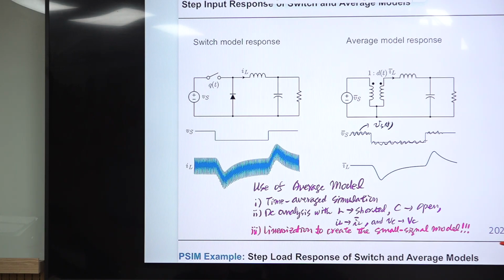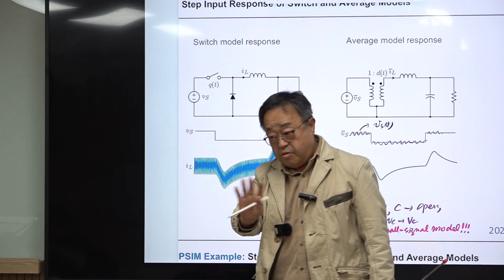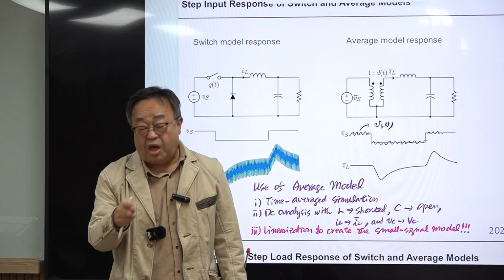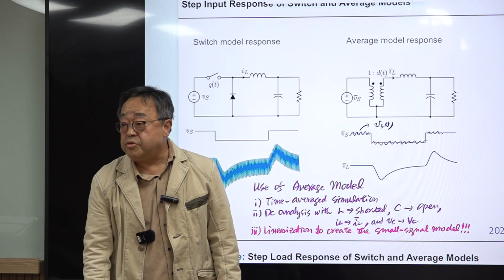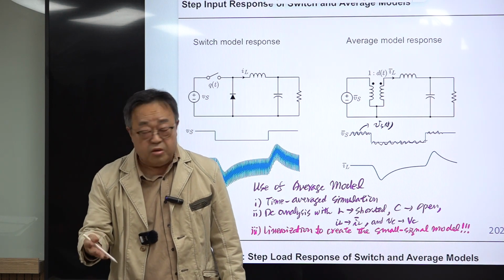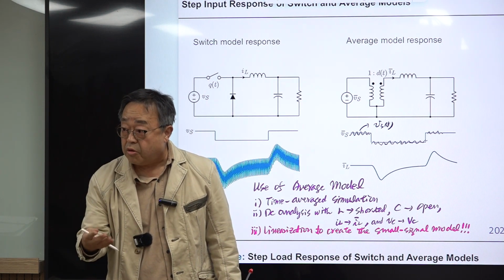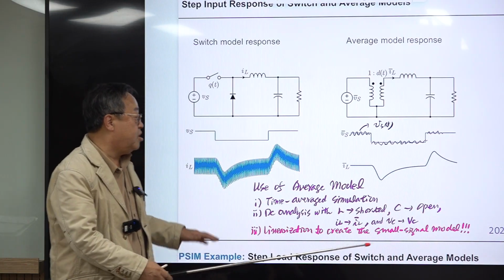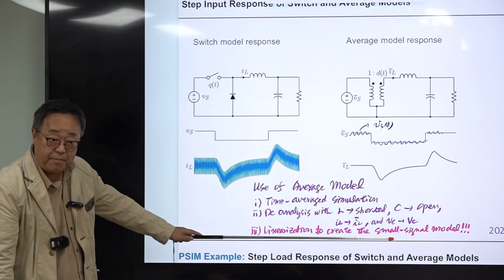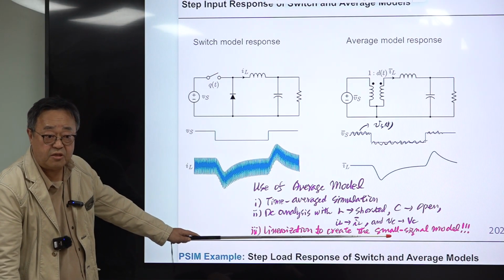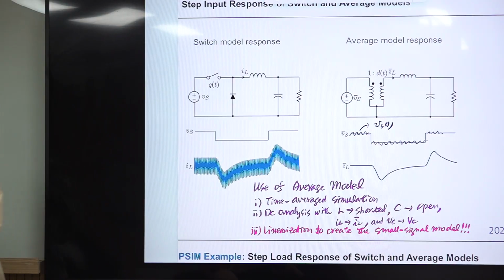So you should linearize this to obtain the small signal model, which accommodates all the techniques you learned for the linear time invariant system. All the techniques you learned in undergrad courses and some graduate courses assume everything is a linear time invariant system. For that this step is required, and this is the best use of the small signal model.